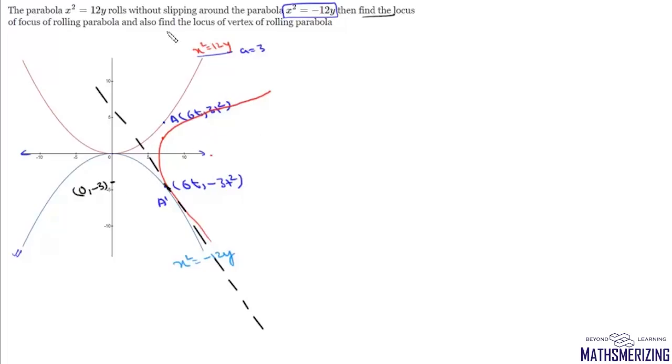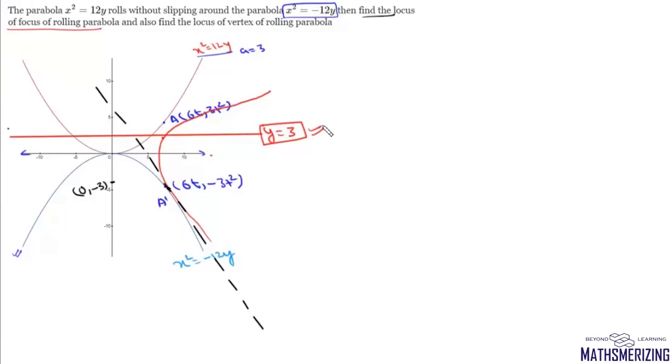So for this rolling parabola, its focus will lie on the directrix of this fixed parabola, which is y equals 3. So the answer to this first question is that the locus of the focus of the rolling parabola will be along the line y equals 3. So this first part is very simple.